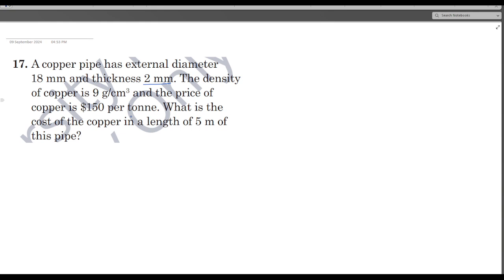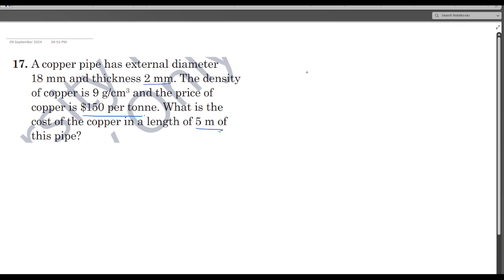Okay, so density is given, price per ton is also given. We have to find out the cost of the copper pipe of length 5 meter.